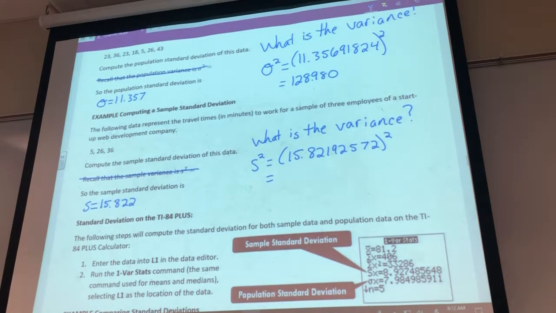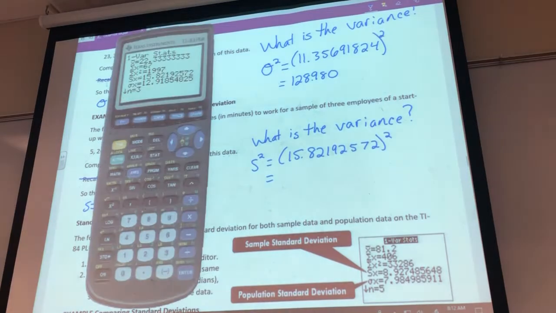So notice on this one, we never used the sigma at all. So this 12.919, we're never going to use it for the standard deviation or the variance, because sigma is reserved just for population, and we don't have a population on this one. So never use the sigma, we're only going to use the S on this one.